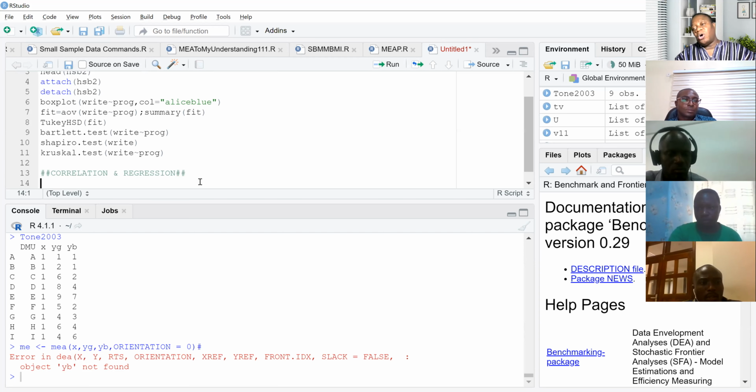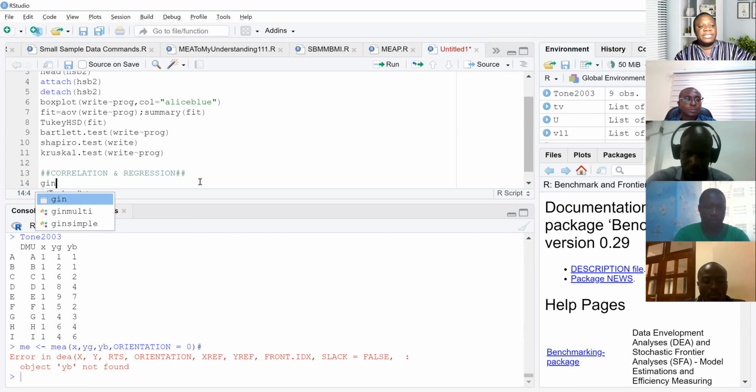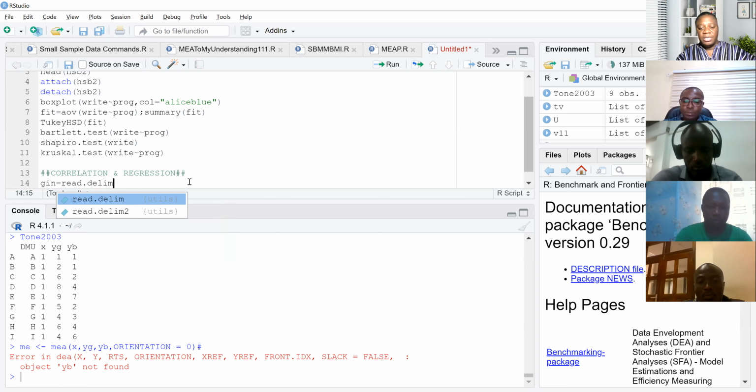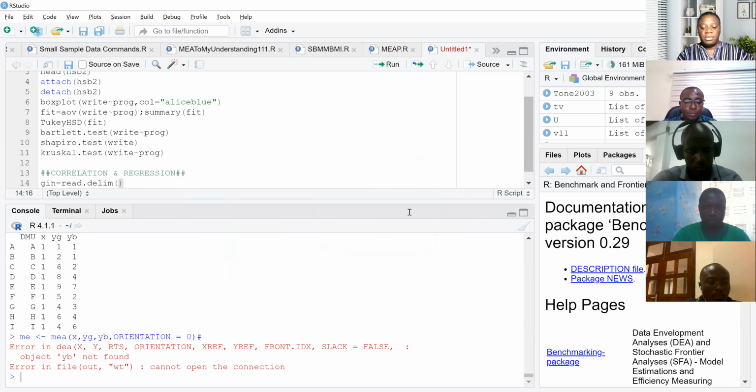We want to call the data Jin, because this is Burkutu Jin Bitters. So call it jin, all small letters, J-I-N, equal to read dot delim, brackets, double quotes, clipboard. Just as I have typed it, I'm going to do that.